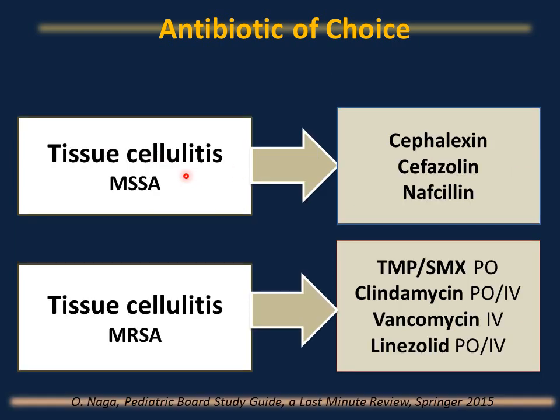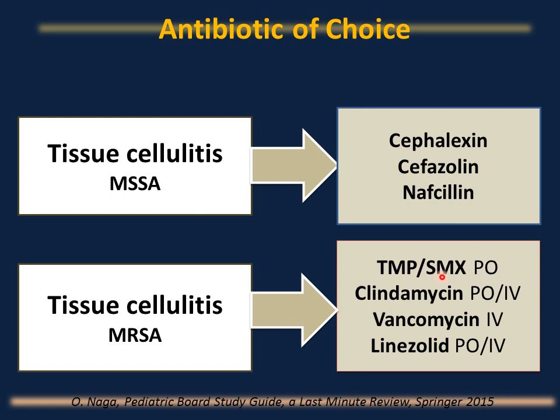Tissue cellulitis with sensitive Staph aureus, MSSA: cephalexin, a first generation cephalosporin, is the best treatment you can use. Cefazolin IV or nafcillin IV if the patient is hospitalized. If there is tissue cellulitis or abscesses, or most of the family members have abscesses and you suspect MRSA, you can use TMP-SMX or trimethoprim sulfamethoxazole orally.